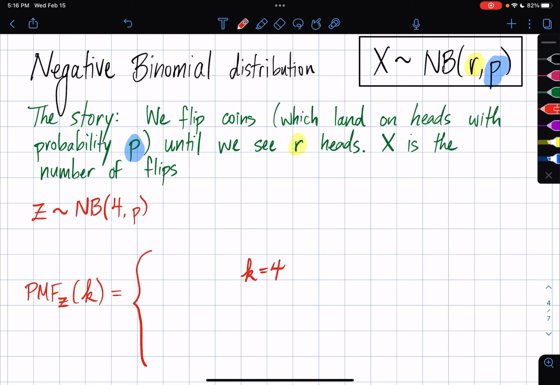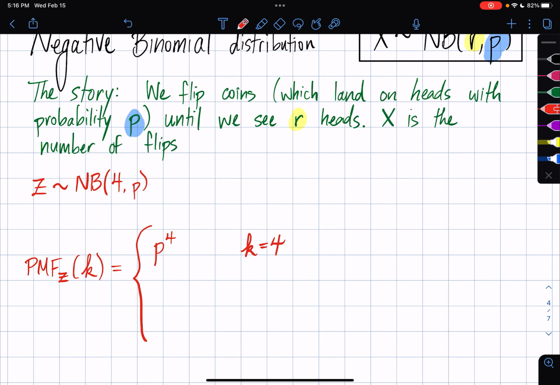Okay, and in order to do this in 4 flips, we are going to need to get heads every time, 4 times in a row. These are all independent, and so this is going to be P times P times P times P, P to the 4th. All right. It's an important example, but things aren't too interesting yet.